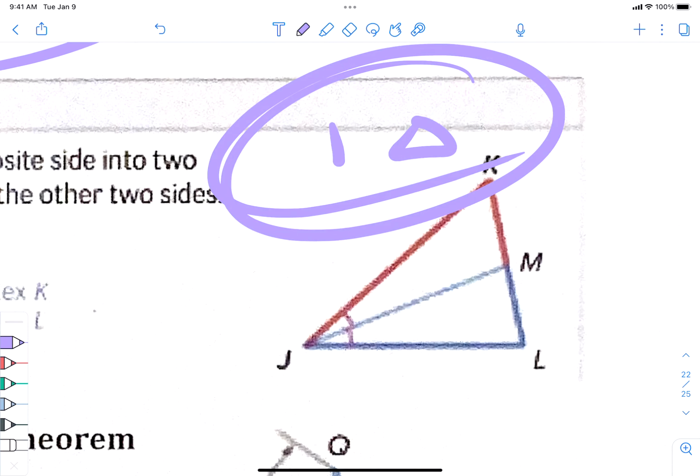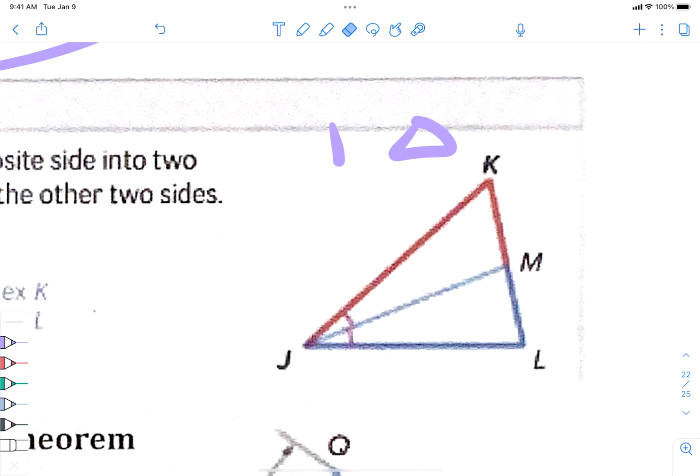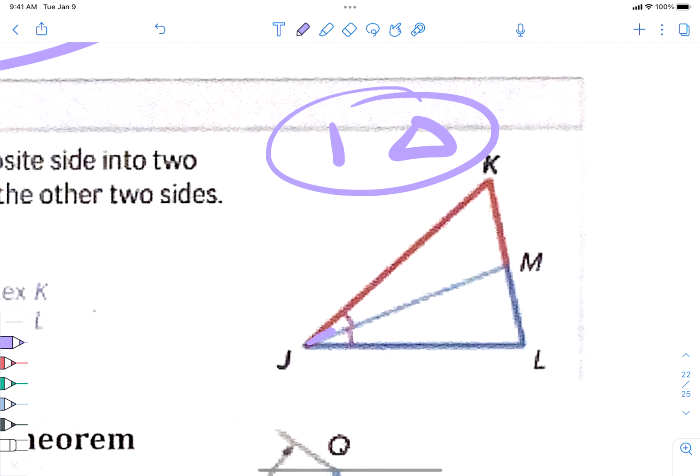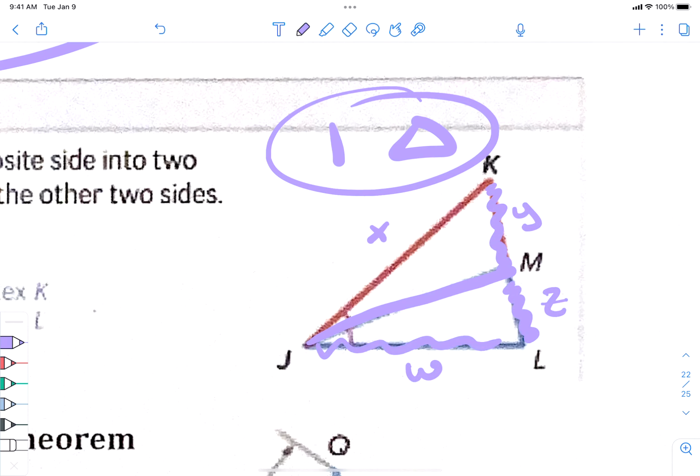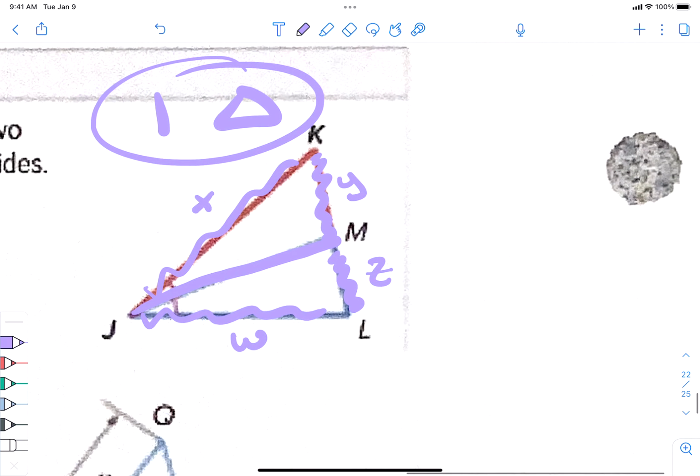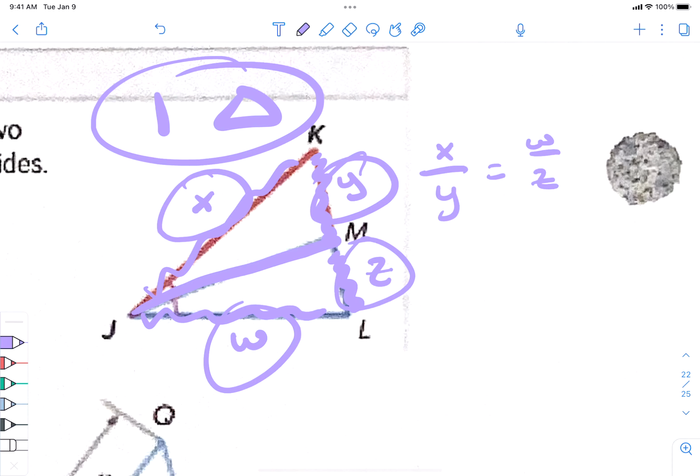Even if you only have 1 triangle, if we bisect the angle, which means split it in half, let's say this side is X, this one is Y from here to here, this one is Z from here to here, and this one is W from here to here. You see the little sides, okay? What I can do is say X over Y equals W over Z. This over this equals this over this, right? And that is only for 1 triangle.